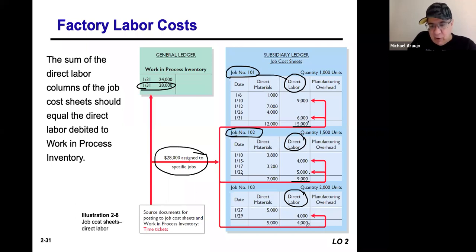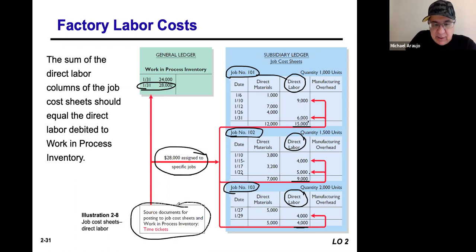And the remaining $4,000 of the $28,000 has been assigned to direct labor for job number 103. This information would be provided to you by looking through the time tickets, among other things that are provided.